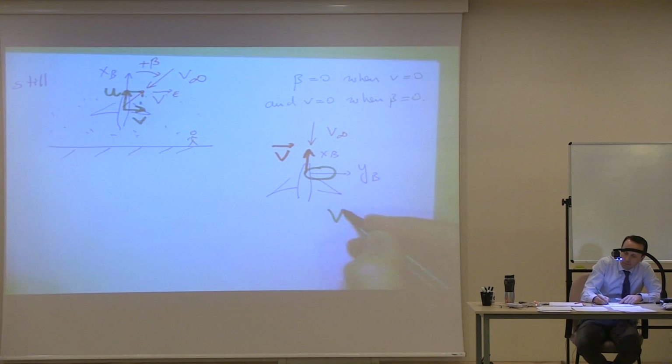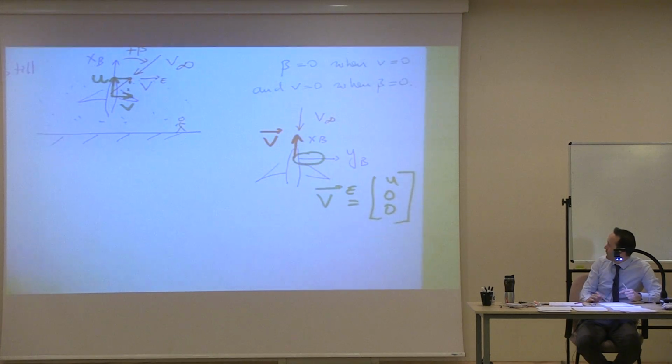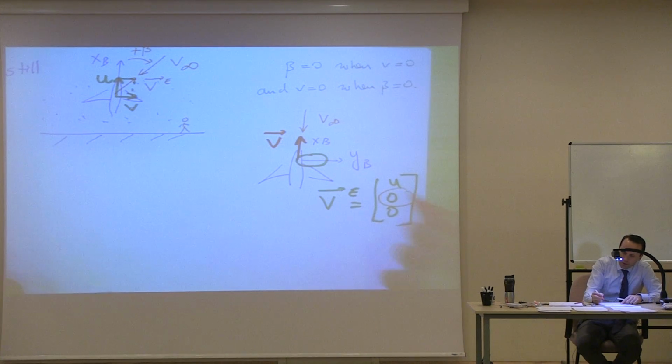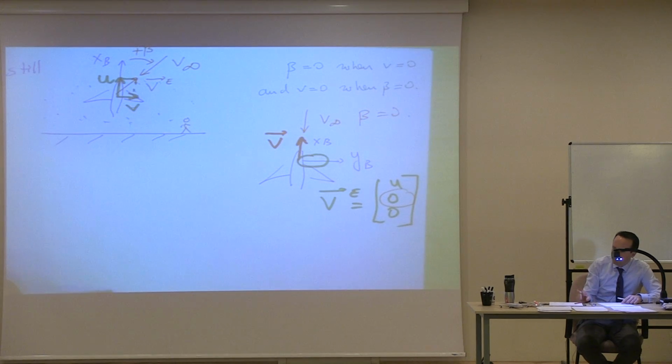In fact, it would be just some u, nothing to the side, and I don't know about the bottom, but let's say there's no angle of attack either, so it looks like this. So this is the velocity of the aircraft, and you don't have anything in the y direction if beta is equal to 0. If beta is not equal to 0, you would have something in v. Does that make sense? It's the same idea, the side velocity.